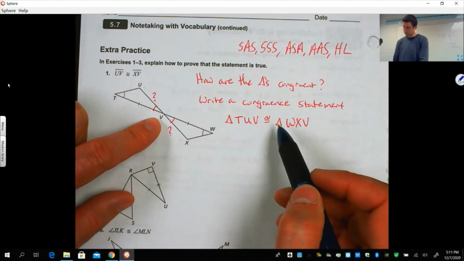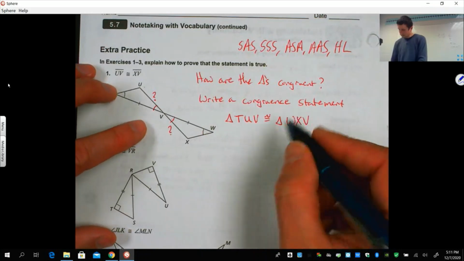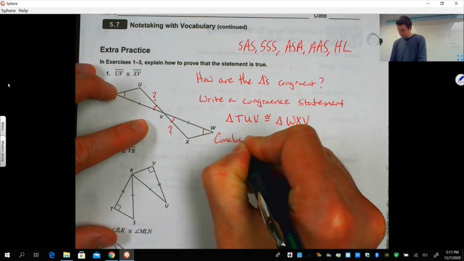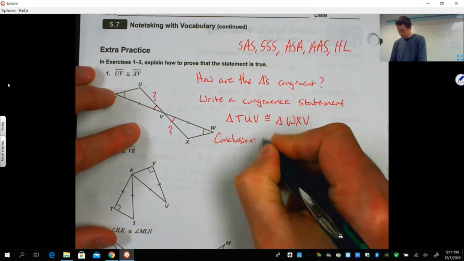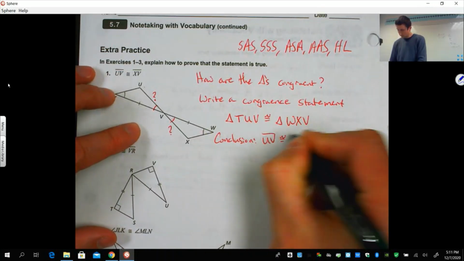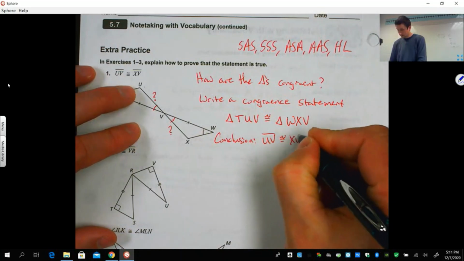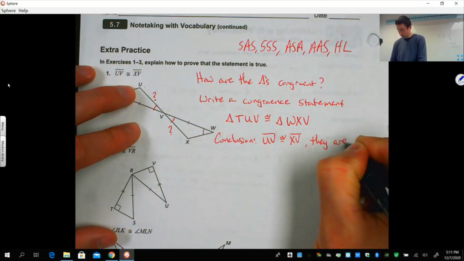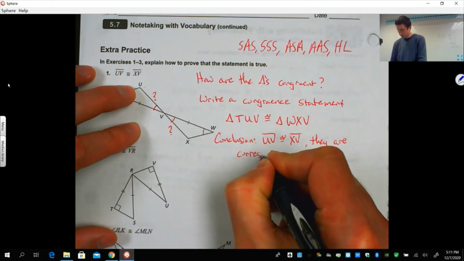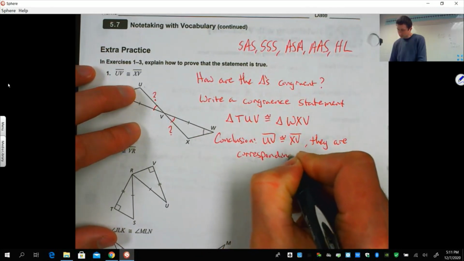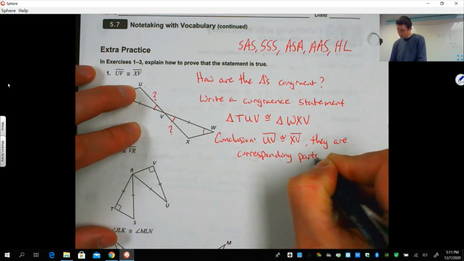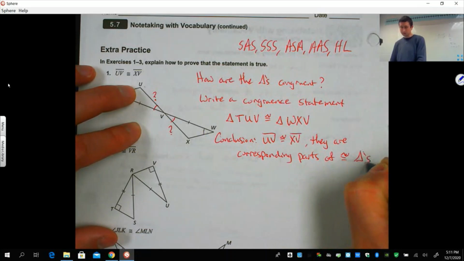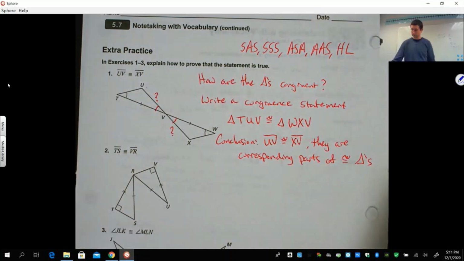The order is important. So we're ready for our conclusion, which is UV is congruent to XV, and the reason is they are corresponding parts of congruent triangles.